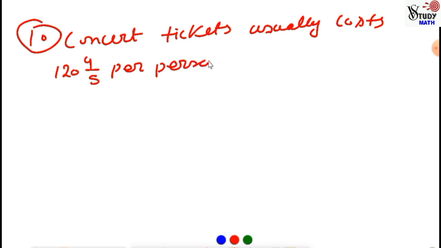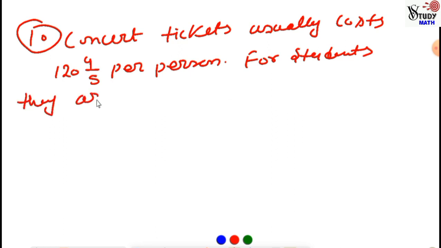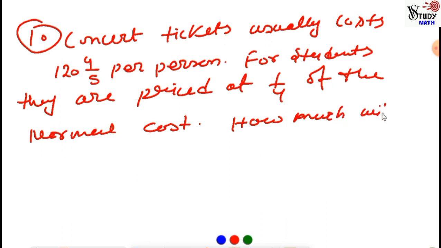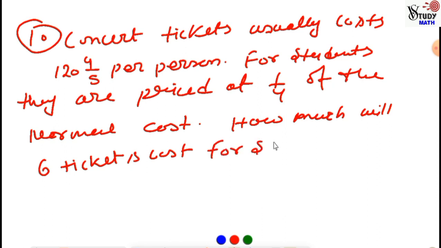For students, they are priced at 1/4 of the normal cost. How much will 6 tickets cost for students? So this is what we have to find.